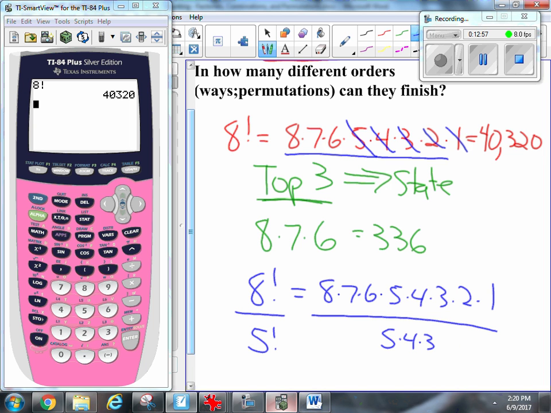Because then the 5s, 4s, 3s, 2s, and 1s cancel out. And I'm only left with the top 3, the ones that I'm concerned with.